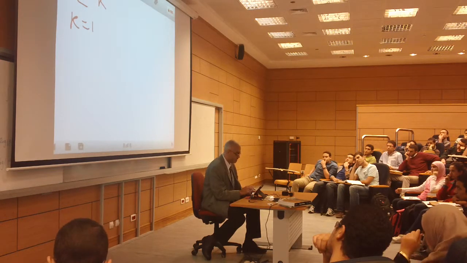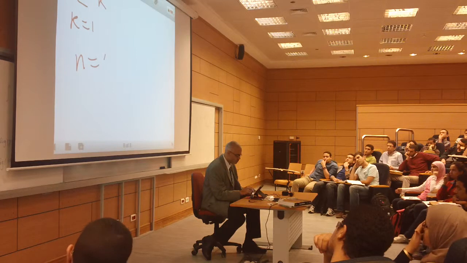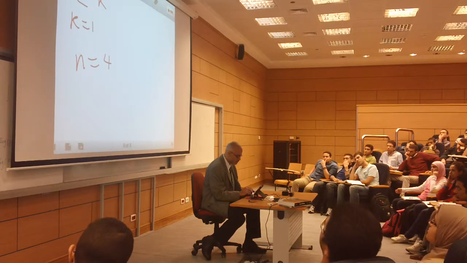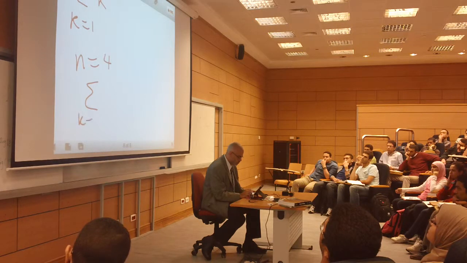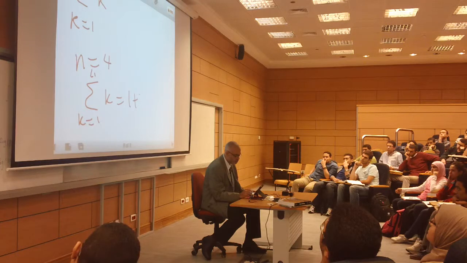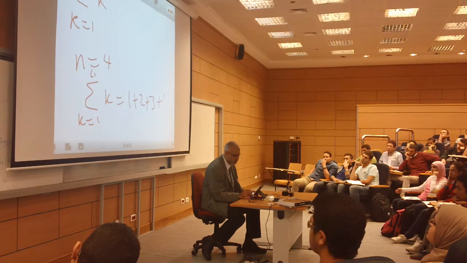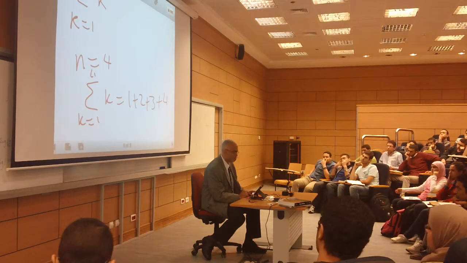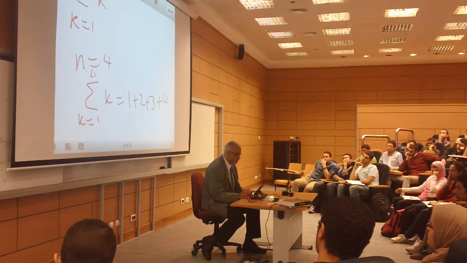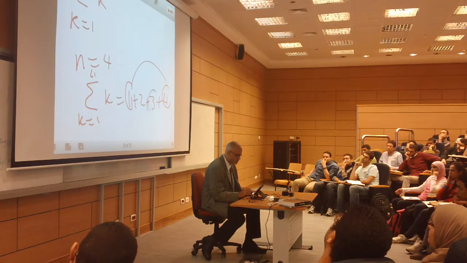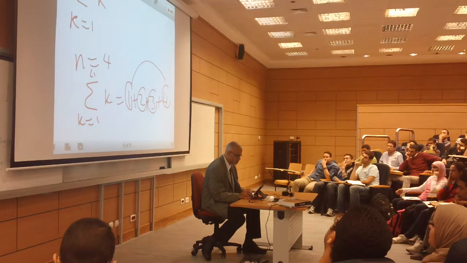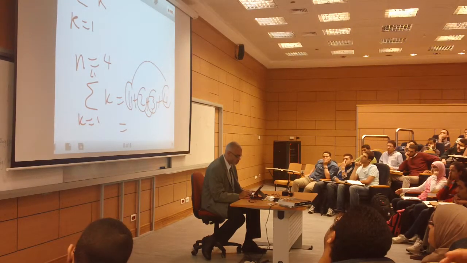If I have n equal to 4, for example, this is sigma from k equals 1 to 4 of k, which is equal to 1 plus 2 plus 3 plus 4. These two are 5, these two are 5, so this is equal to 10.